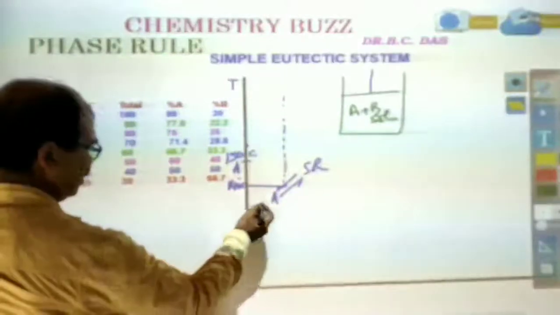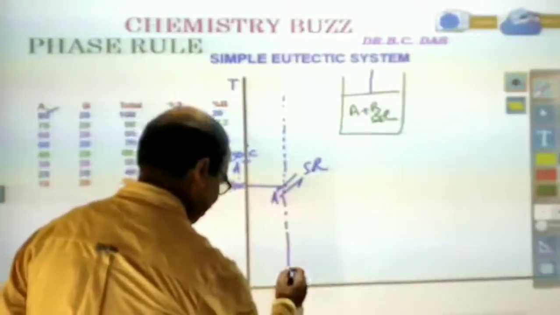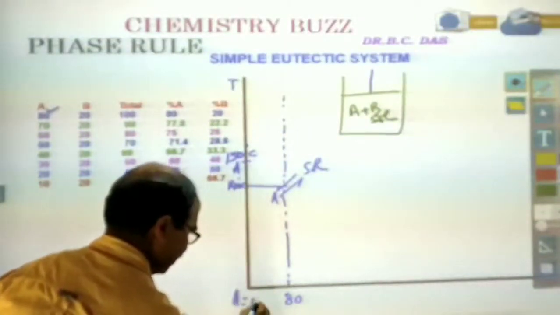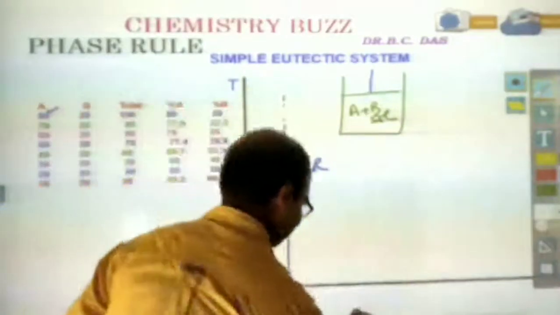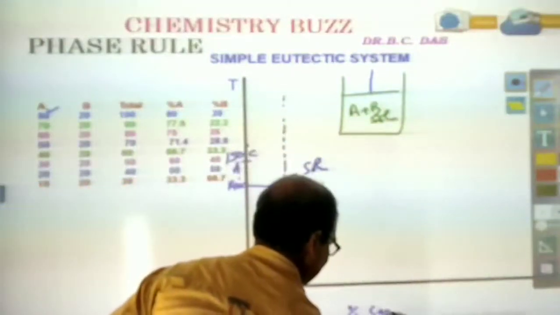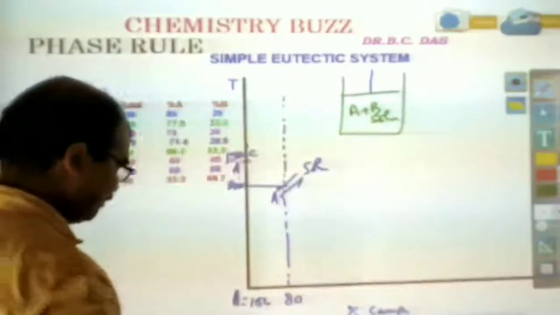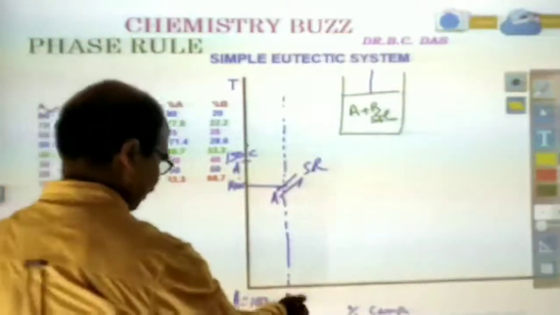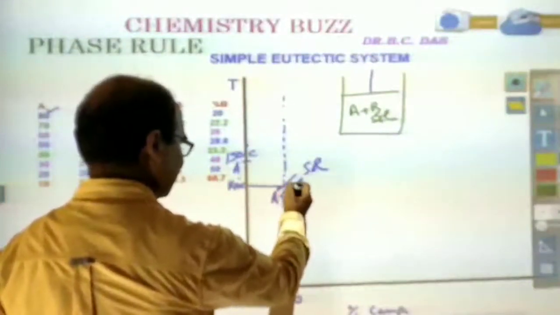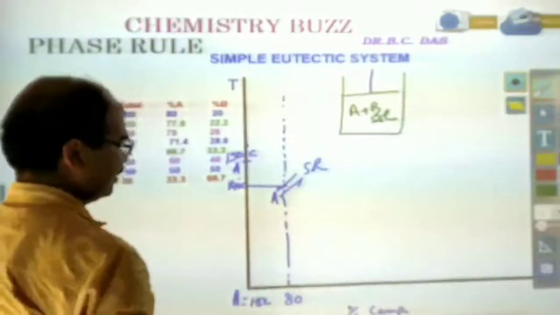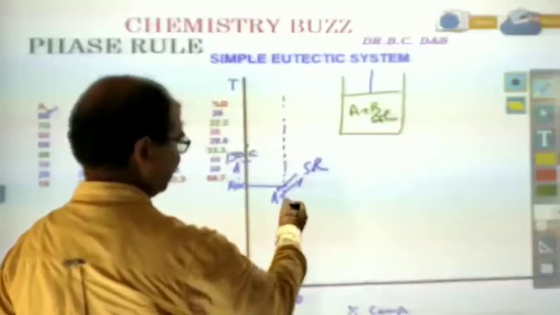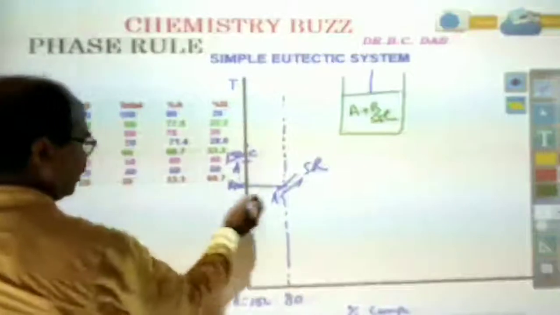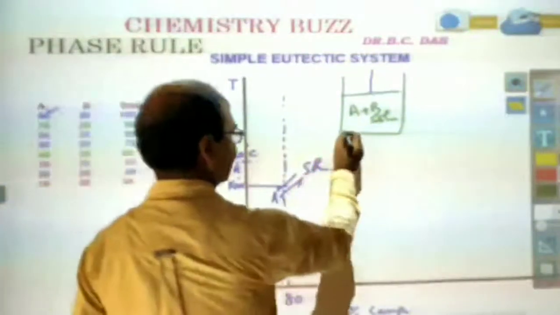Say this composition corresponds to 80%. A is 80 out of the 100 we have taken. This is the percentage composition on the x-axis, so we are indicating only the composition of A. When some amount of A separates from the solution in the form of solid, the composition of the solution changes. Say we have taken 10 gram of A out.